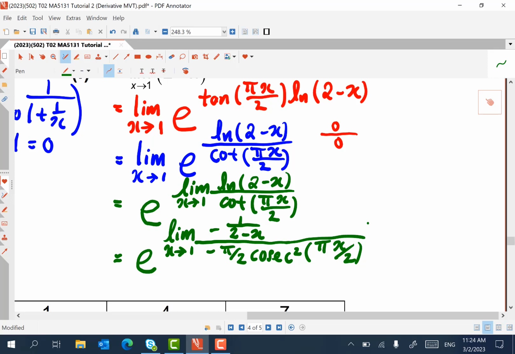What's the quotient rule? You just differentiate them. You can bring a limit out first. Good. Okay, you can bring out a limit first.